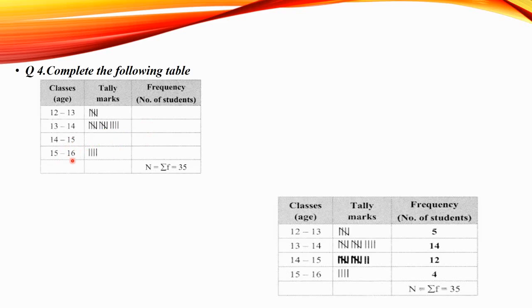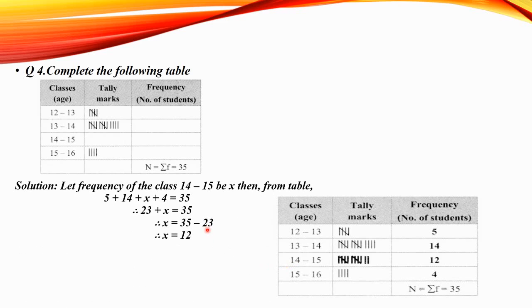For 15 to 16 it is 4, and the total frequency, summation f, is equal to 35. Now we complete the table: the frequency we write as 5, for class 13 to 14 it is 14, for 14 to 15 we have to find, and for 15 to 16 it is 4.